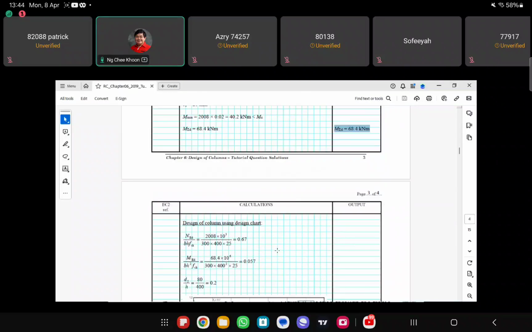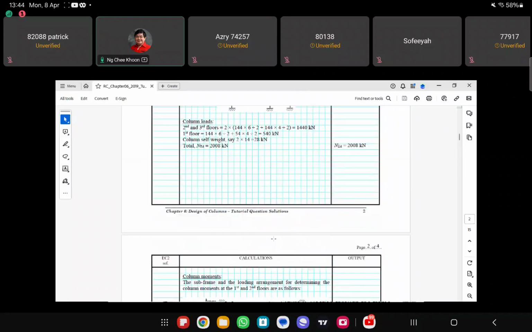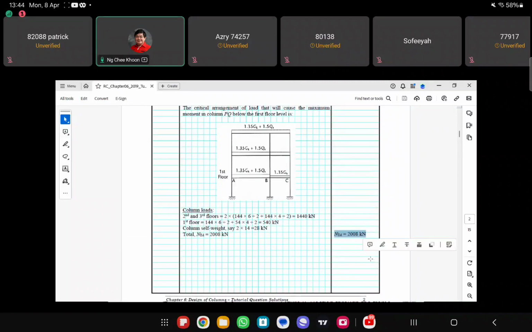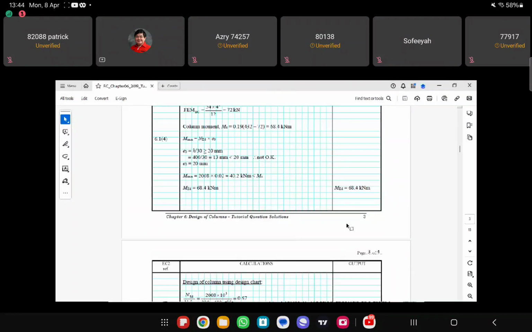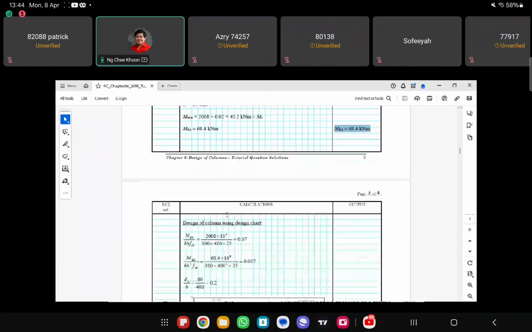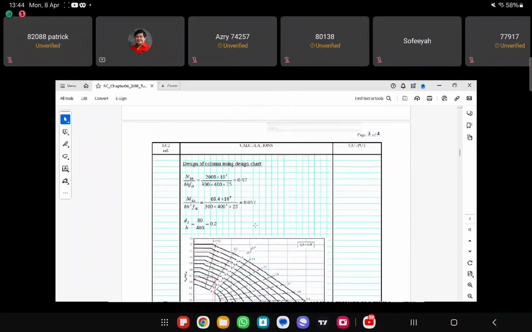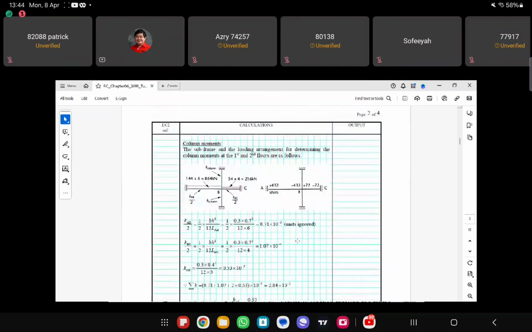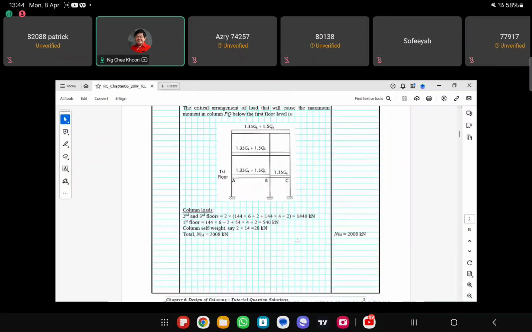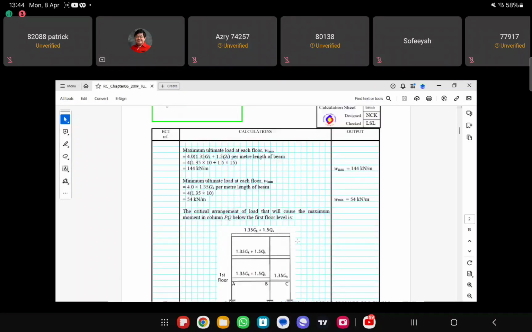Okay. So now we know the axial force already, the design axial force, and then the design bending moment. And then we assume that this is a short column, right?